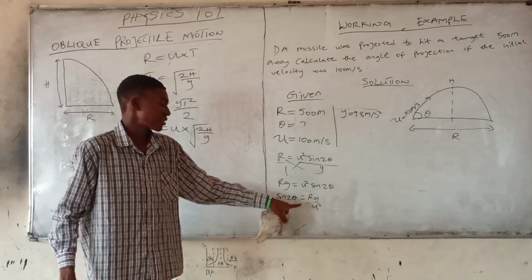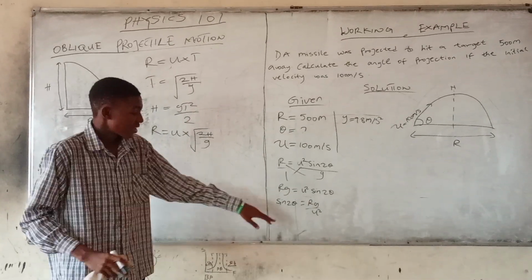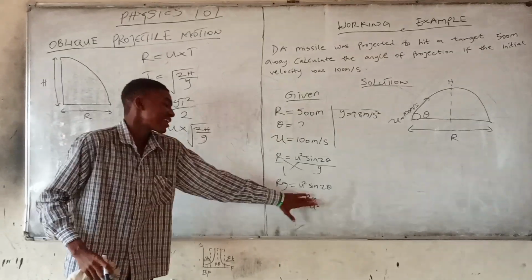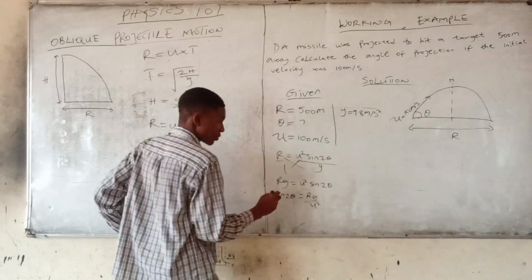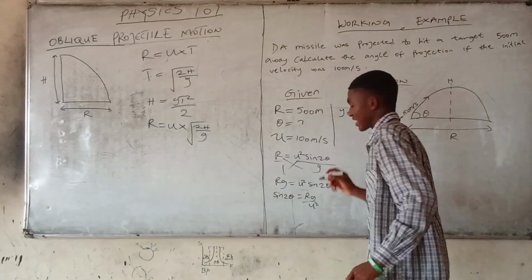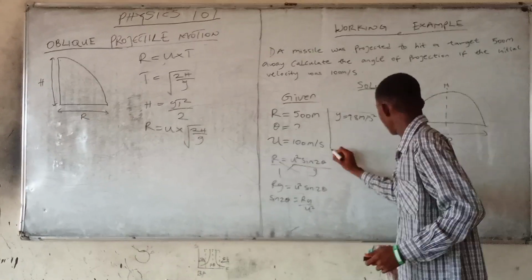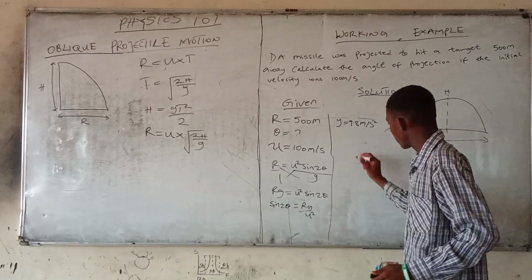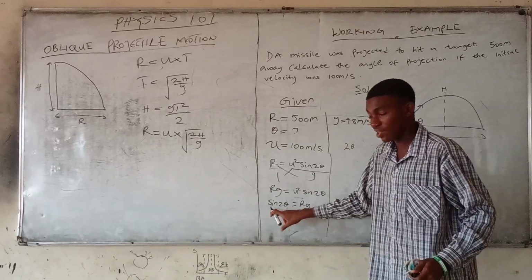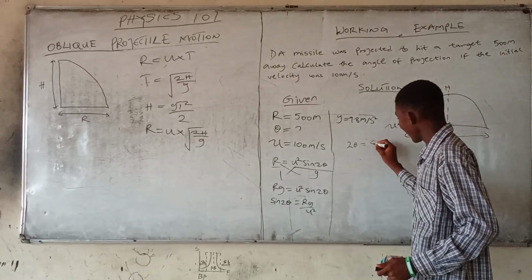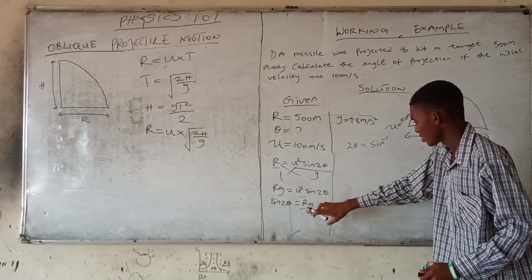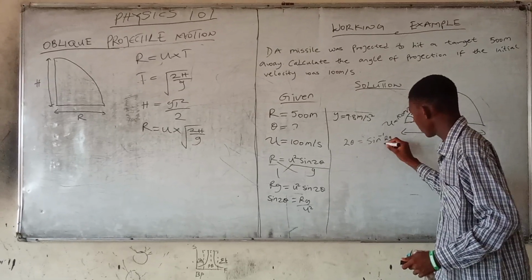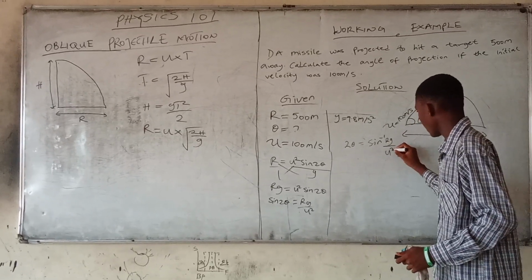We have sine 2 theta, but we need to remove this sine from here. What are we going to do? We use arc sine. Taking arc sine on both sides, arc sine is equal to sine inverse. So if you take arc sine on both sides, the sine will cancel, and we have 2 theta equals sine inverse of R g over u squared.